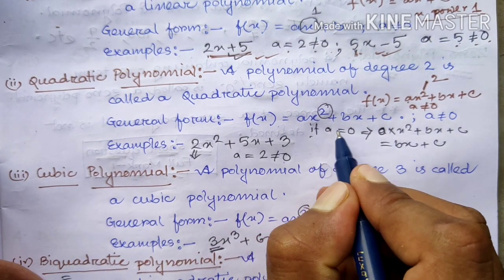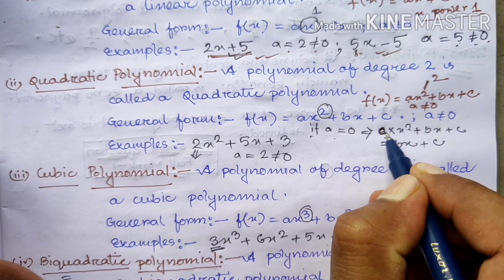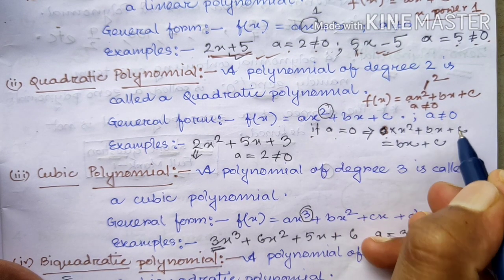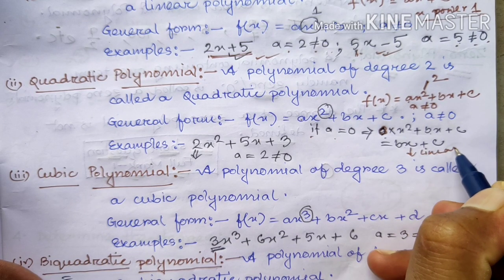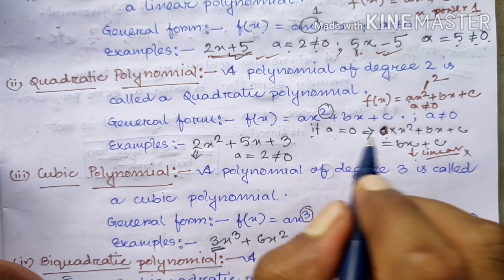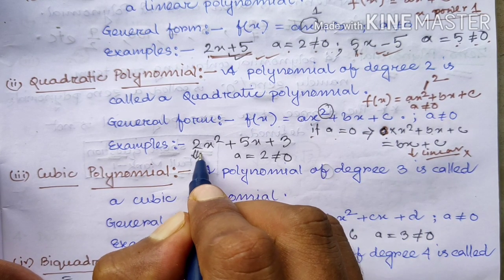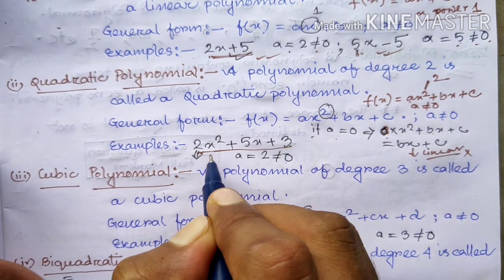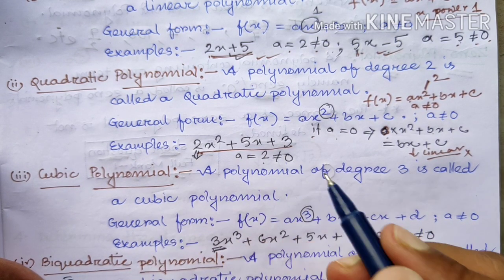You can see here if a equals 0, then it will be bx + c, I mean a linear polynomial. For example, 2x square + 5x + 3, here a equals 2 which is not equal to 0.